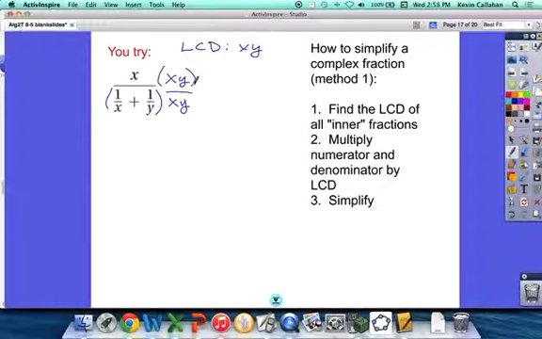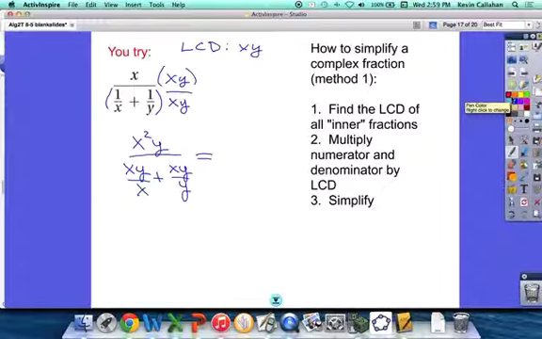Okay, so that'll be x squared y divided by xy over x plus xy over y. Which is x's cancel, y's cancel.